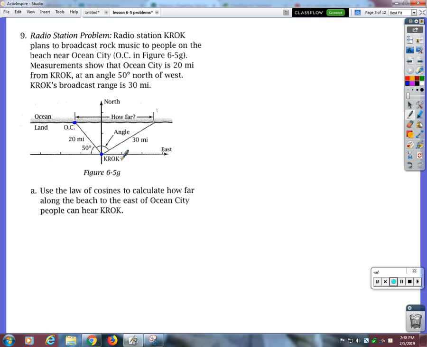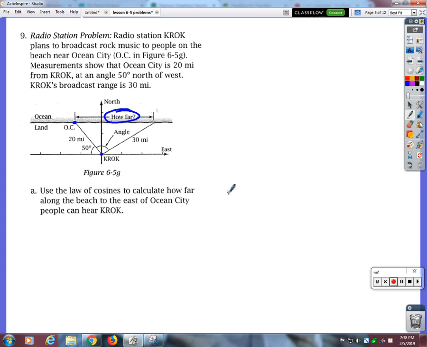Measurements show that Ocean City is 20 miles from K-Rock at an angle of 50 degrees north of west. K-Rock's broadcast range is 30 miles. All right, so the question is, how far along the beach to the east of Ocean City can people hear the radio station?